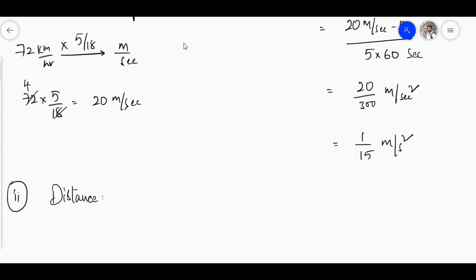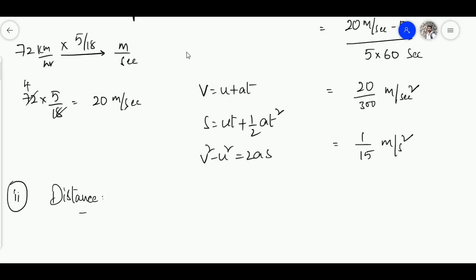Now here we are going to use the 3 equations which we know. Let me write the equations first. v is equal to u plus at, s is equal to ut plus half at square, and the third one is v square minus u square equal to 2as. The main thing lies here: which equation should I choose?